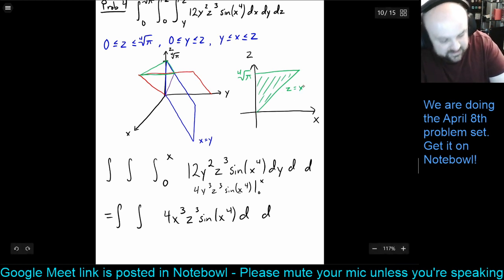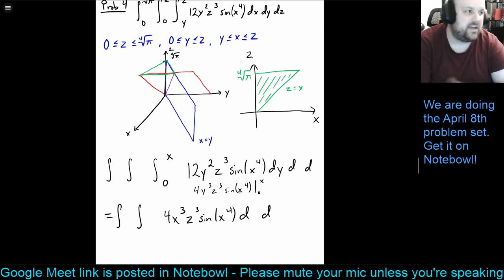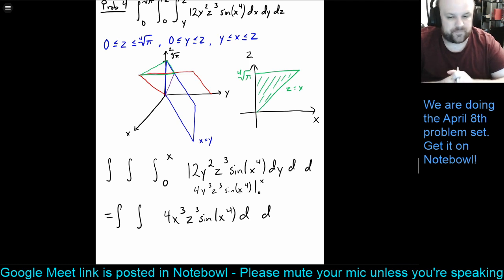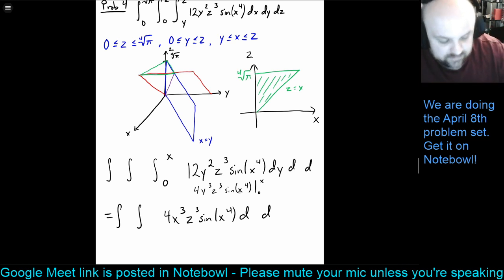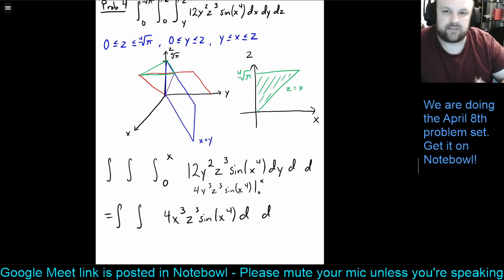And now we have to decide, well, do I want to integrate x or z next? And really, you can just pick one and see how it goes. There's no harm at all in doing that. So let's just pick one and go for it.